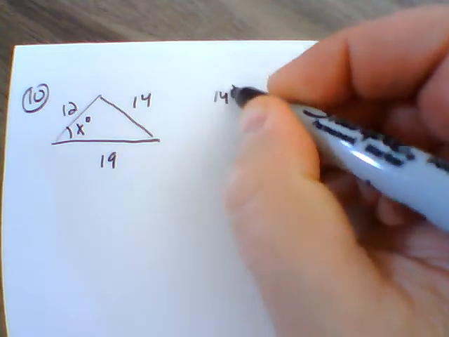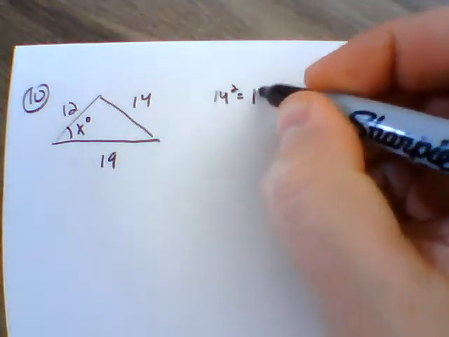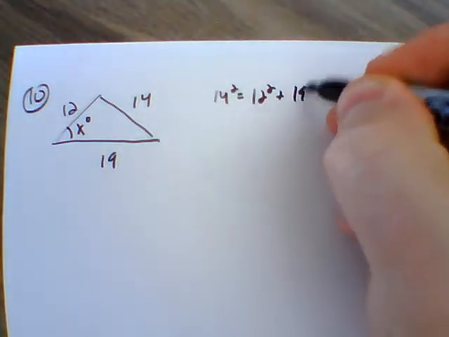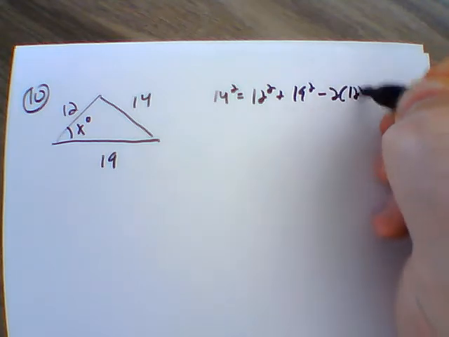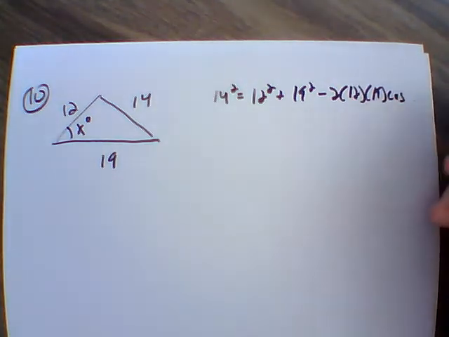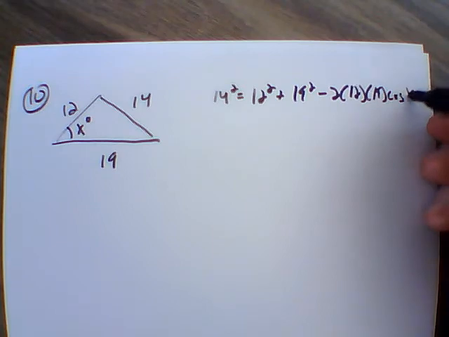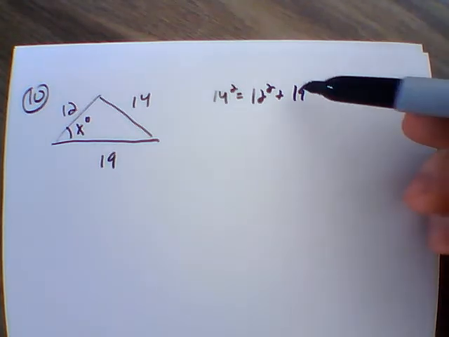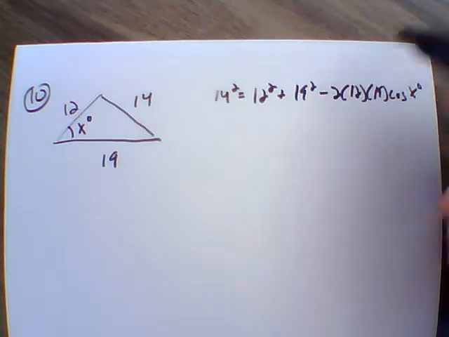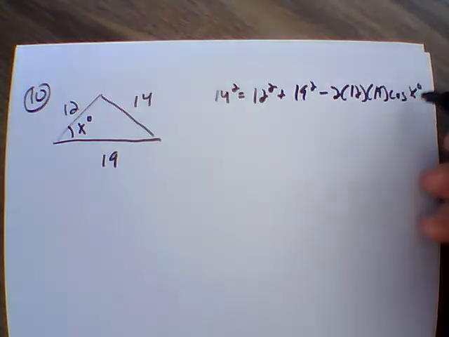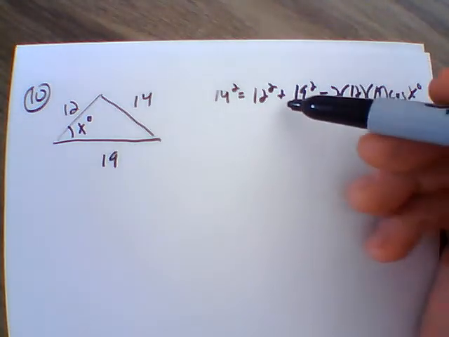So I can go 14 squared equals 12 squared plus 19 squared minus 2 times 12 times 19 cosine of x degrees. And then we're going to start simplifying this and basically solve for x.